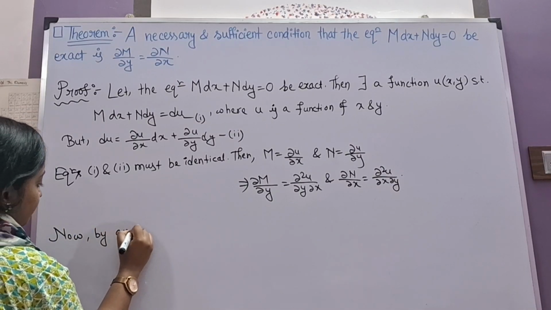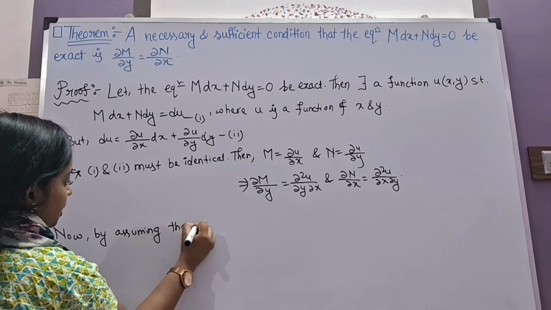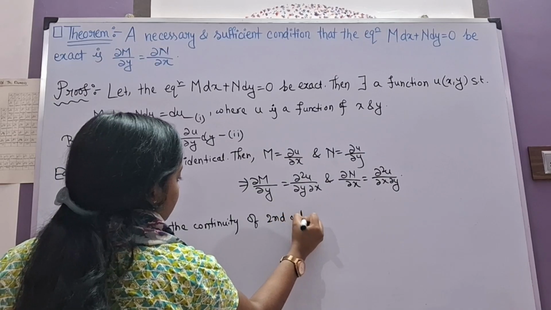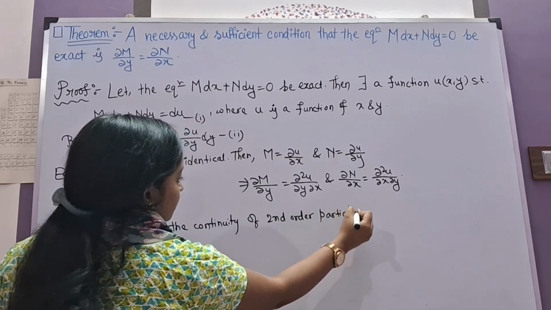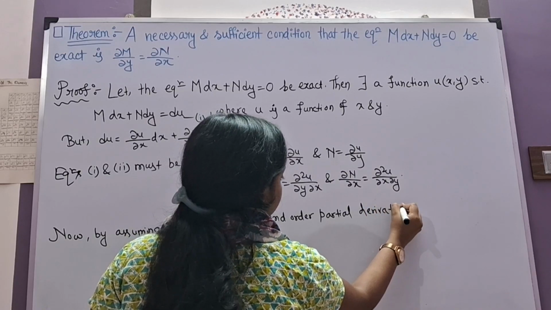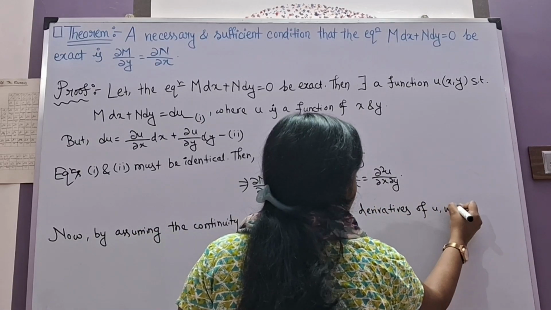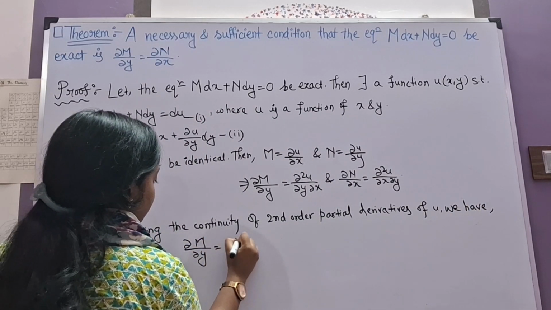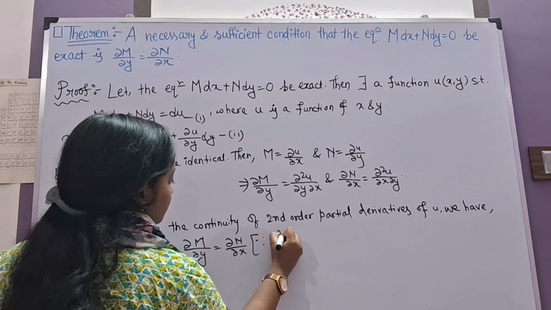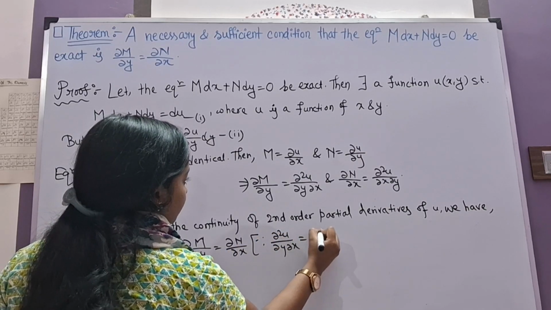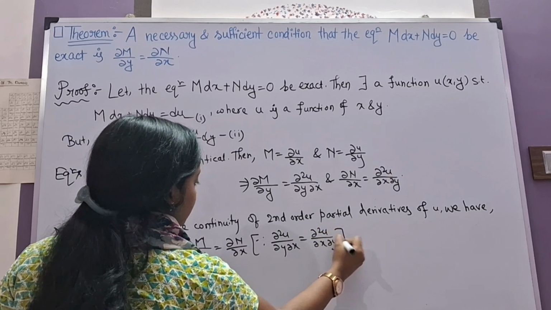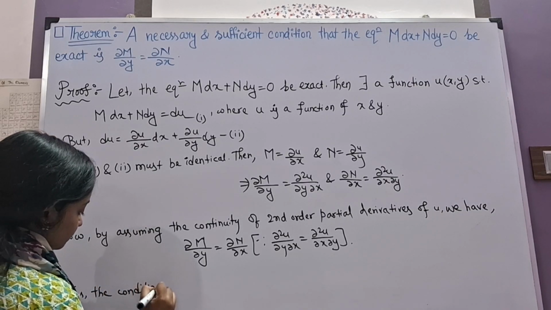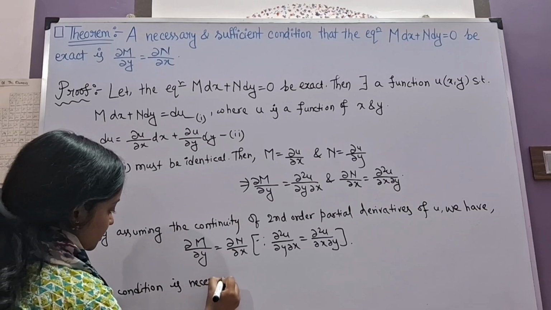Now, by assuming the continuity of second order partial derivatives of u, we have del M del y equal to del N del x because del 2u del y del x equal to del 2u del x del y. Thus the condition is necessary.